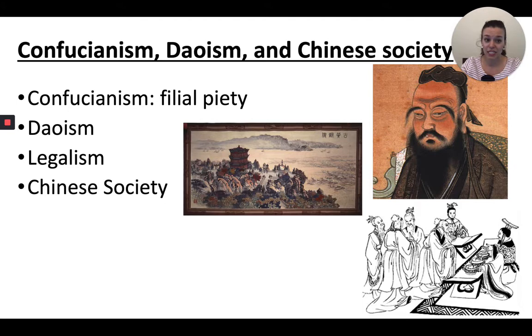Filial piety, so respect to your parents, respect to those above you, includes obedience, reverence, and love. But this is the same relationship that should exist between a citizen and a ruler. So you can take this relationship between like father and son and also apply it to ruler and citizen.